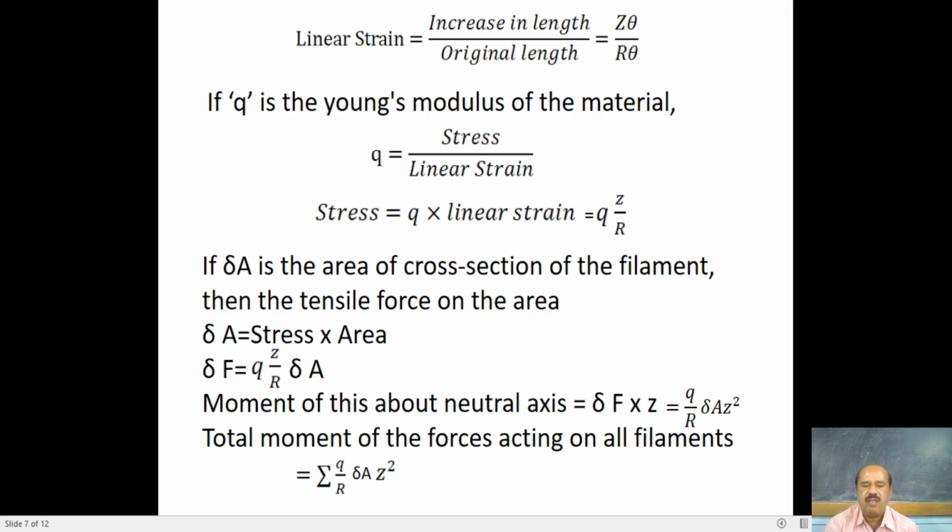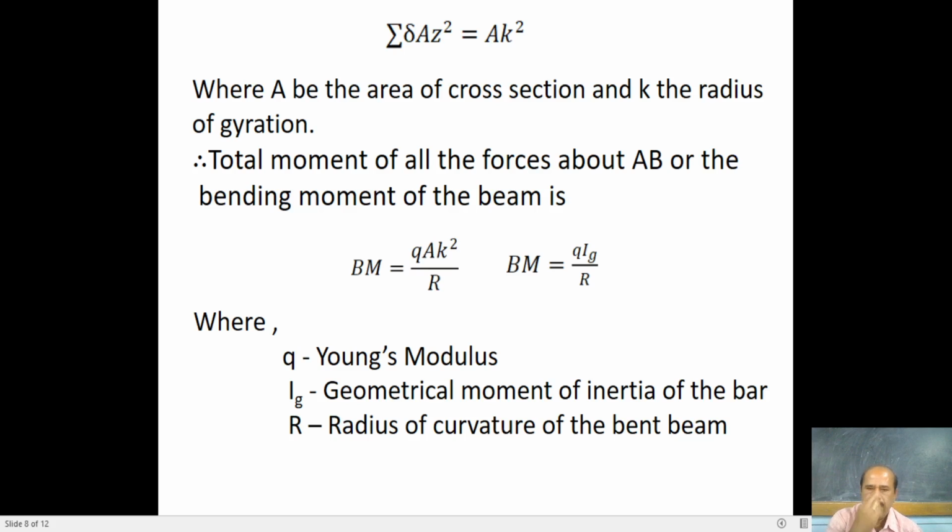The moment of this about the neutral axis is given by delta F into Z, which equals Q by R delta A Z squared. Therefore, the total moment of the force acting on all the filaments is given by the summation of Q by R into delta A Z squared. The summation of delta A Z squared is nothing but A K squared, where A is the area of cross section and K is the radius of gyration.